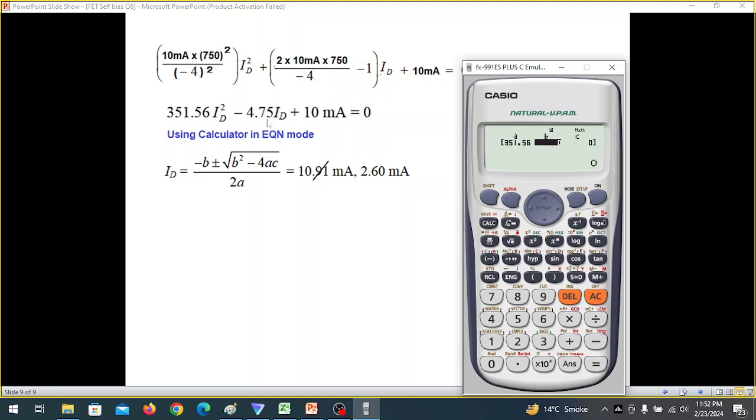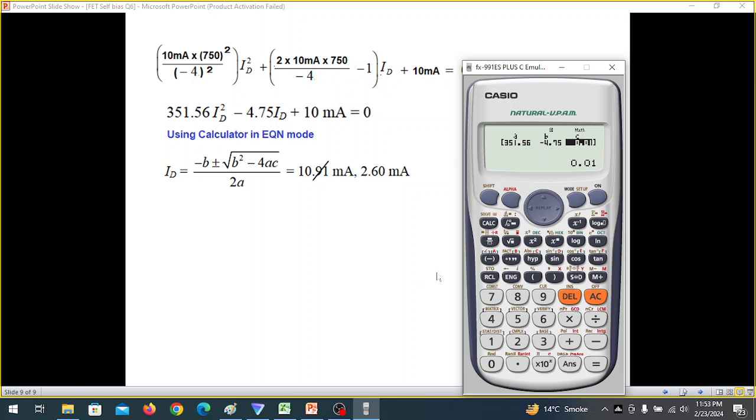Now this is our B, minus 4.75, entered. And C is 10 milliampere, which can be written as 0.01 ampere. So we add this. So all 3 values are entered.